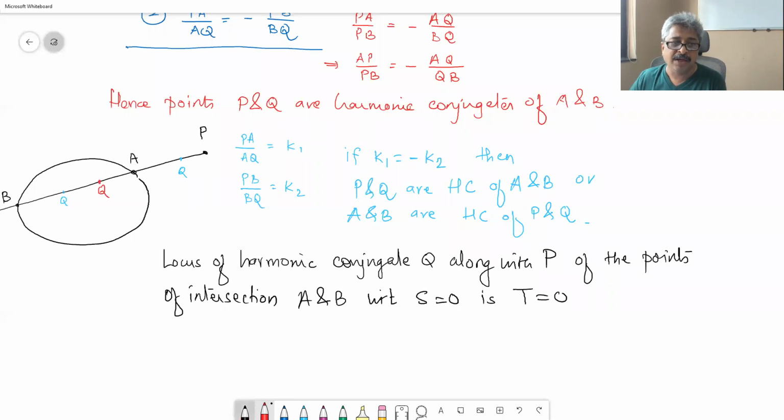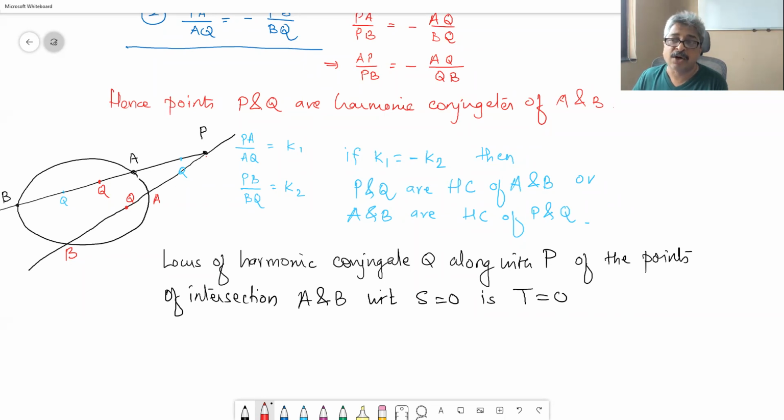Now, if you have another line passing through P, this is going to be A, this is going to be B, this is P, and there will be a unique position of Q on this line also. On this line also Q can vary anywhere, but if you want the harmonic conjugate, then there is a unique position of Q here.